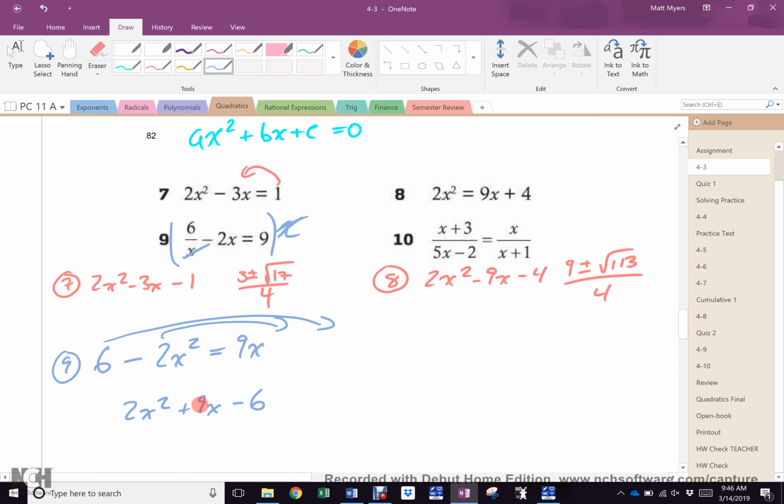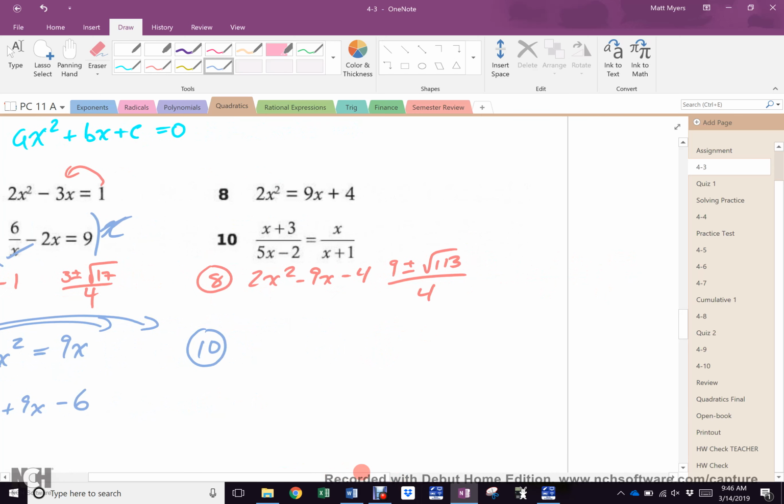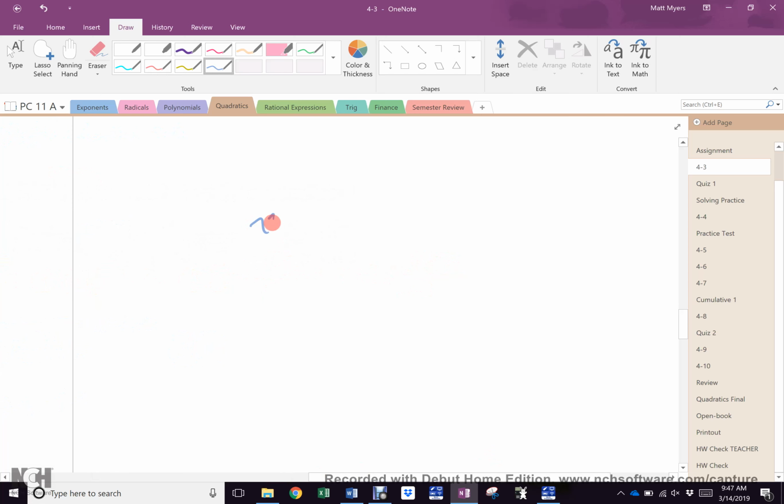Before I stop talking and let you do that question, we're going to fix up number 10. What bothers us about number 10? There are two fractions. When have we ever seen something that looks like this? Sorry. Have you seen that?